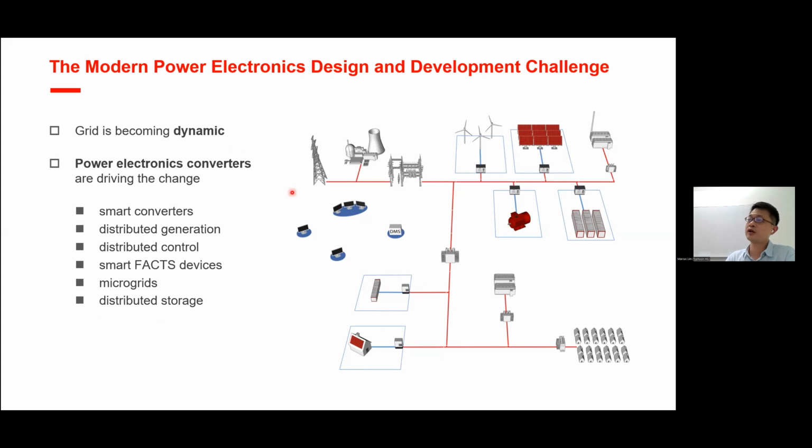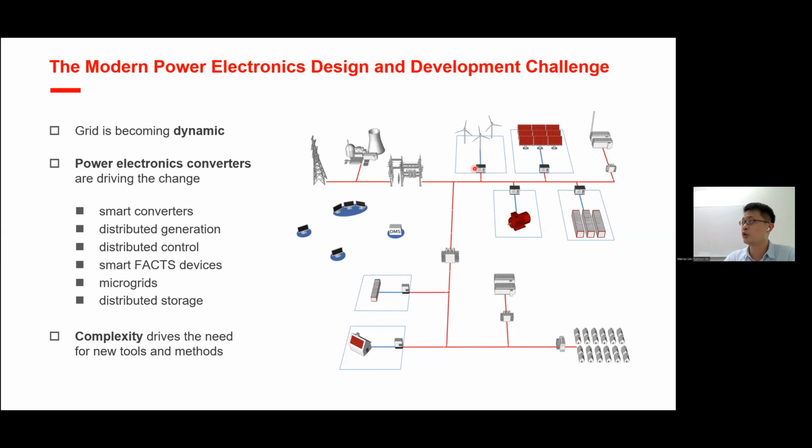So at the heart of all these power electronics are the power electronics converters, the AC-DC, DC-DC converters, and the inverters. And these inverters are found in all the various PV systems and controllers. All these inverters are also being controlled by smart controllers. Because of that, a microgrid system like this will have many primary controllers.